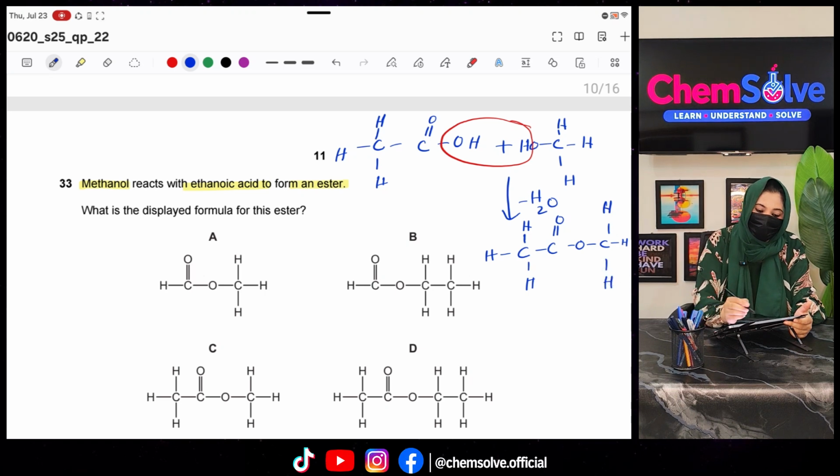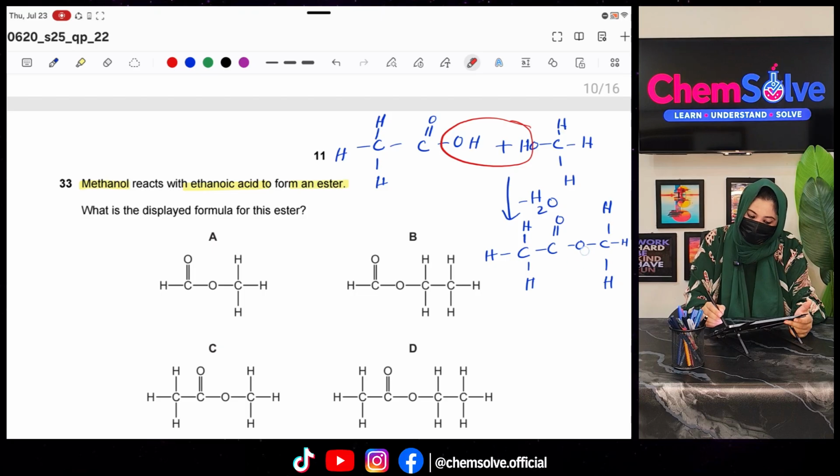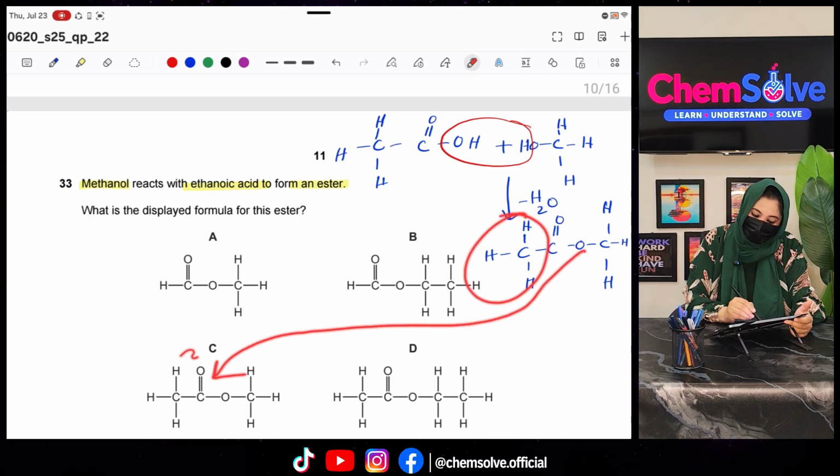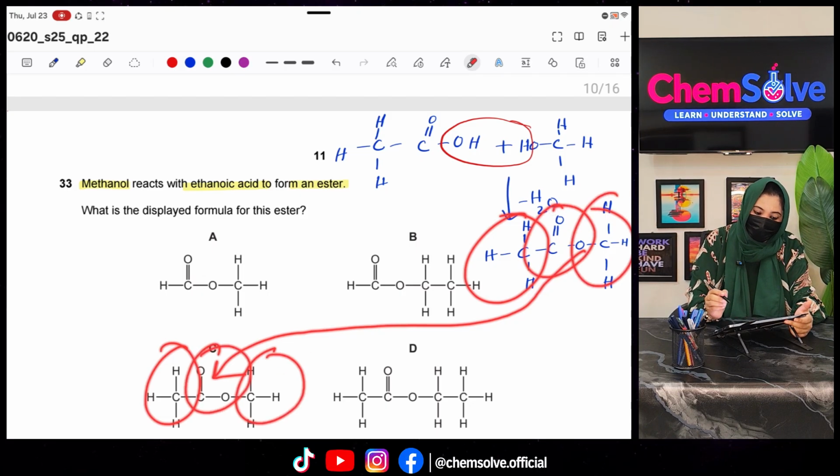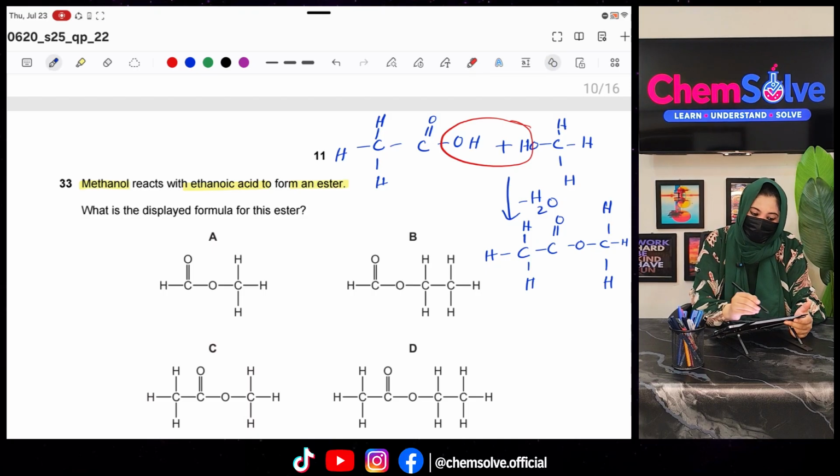Now match it with the correct option. This exactly matches option C. CH3 is here, then C double bond O, O, CH3 is here. Okay, so the correct option is option C.